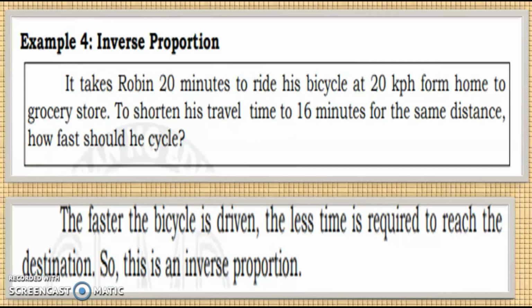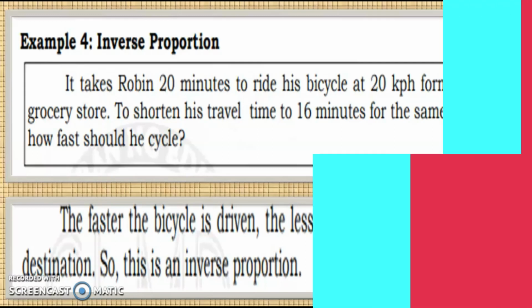To shorten his travel time to 16 minutes for the same distance, how fast should he cycle? Okay, so this is an inverse proportion. So the faster the bicycle is driven, the less time is required to reach the destination. So this is an inverse proportion.